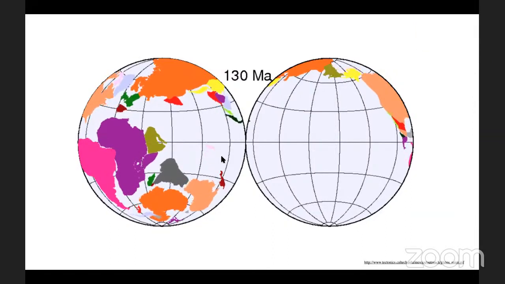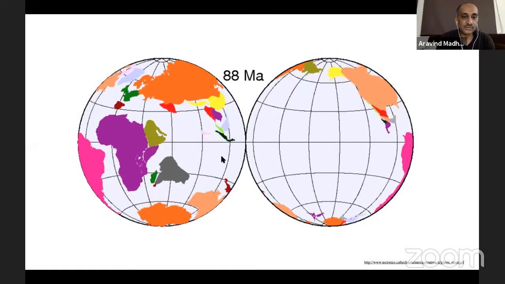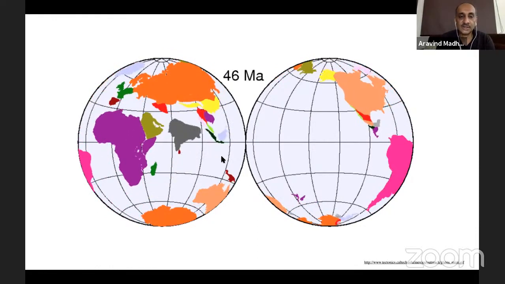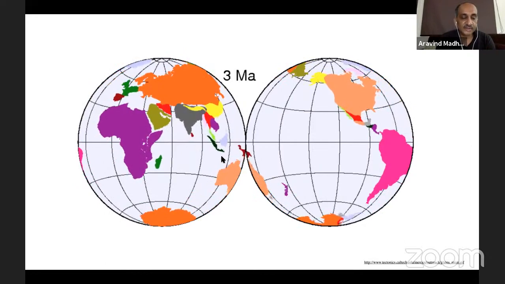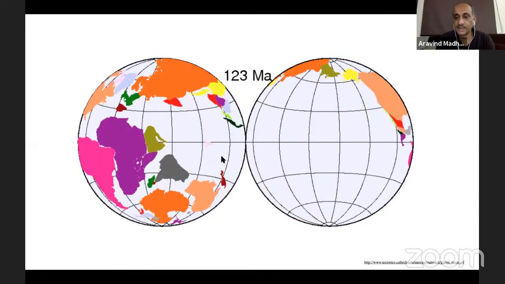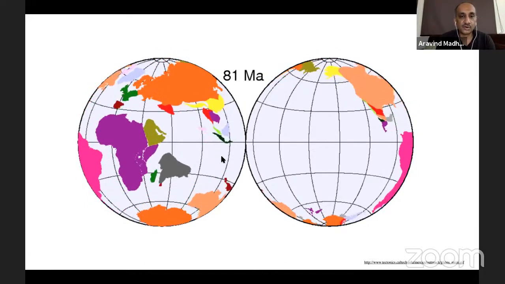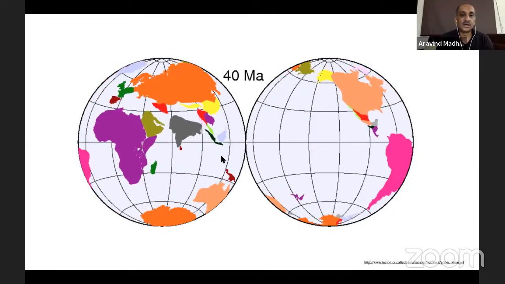Because of its unique journey from south to north to its current position, it carried a lot of biota along with it, which is Gondwanan element, and also during its course of journey towards north, it underwent a lot of turbulence, like volcanism and so on.